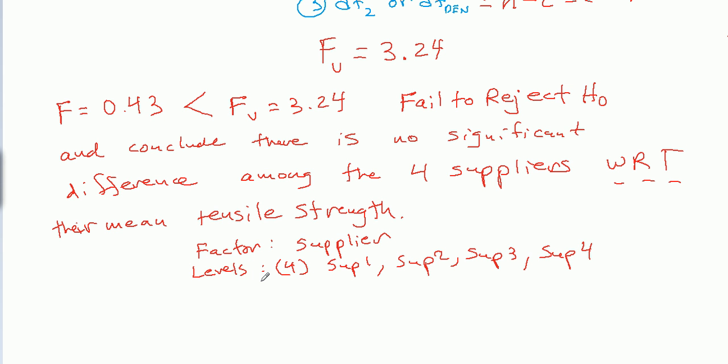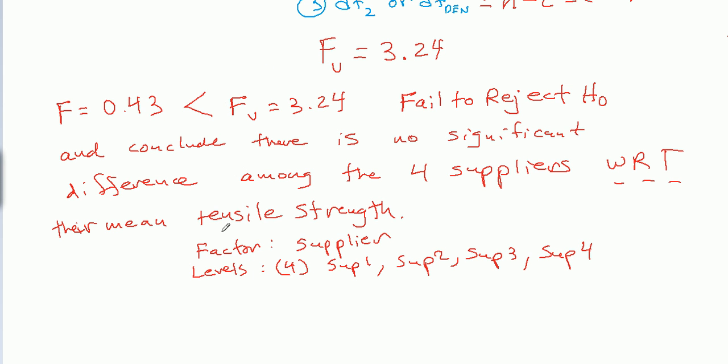Those were the levels. From each level we collected data, and we collected the same amount of data from each. That was the balanced design. That made our lives a lot easier, believe it or not. Take my word for it. The fact that we took 5 observations from each.